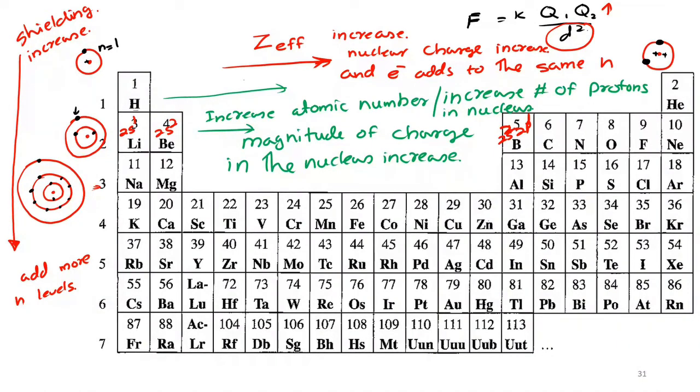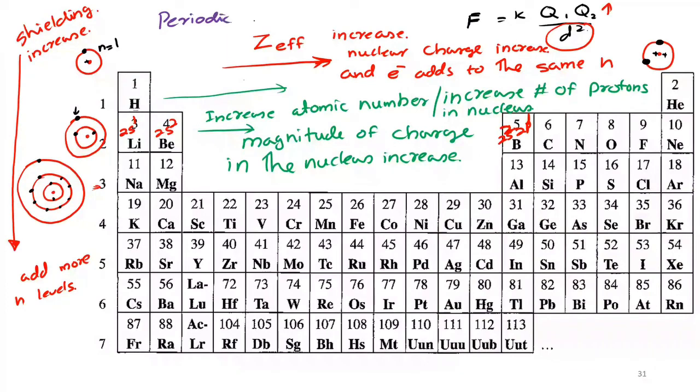Now this is something we can call a periodic trend, going in a certain direction, either from top to bottom or left to right.